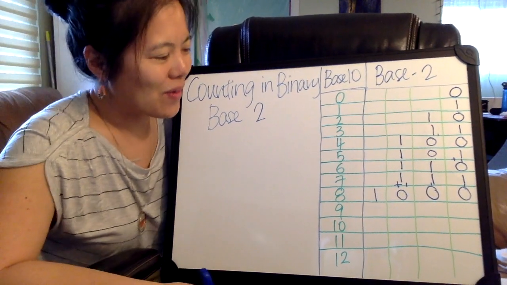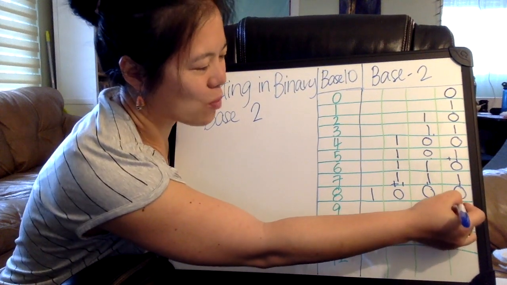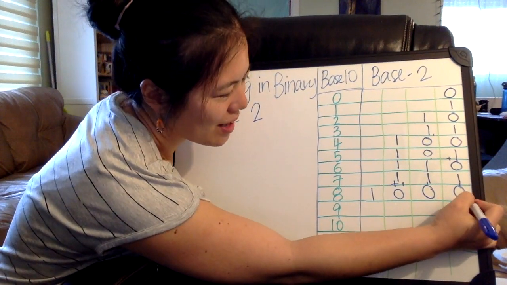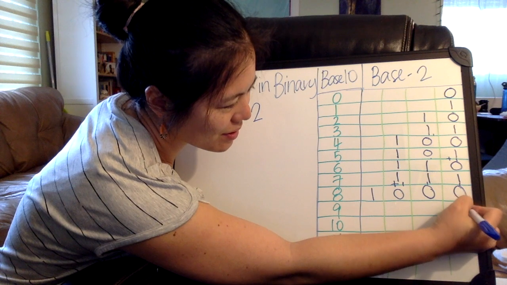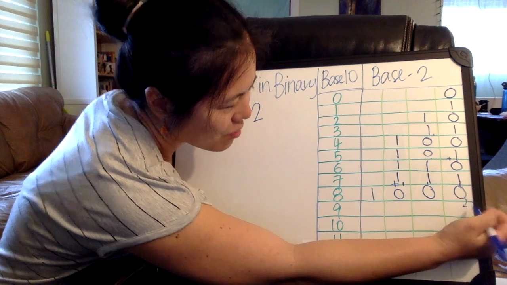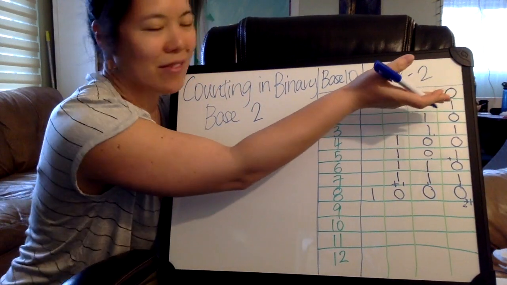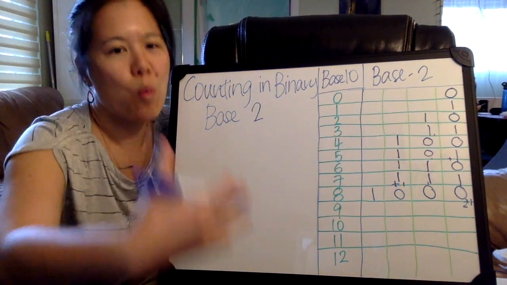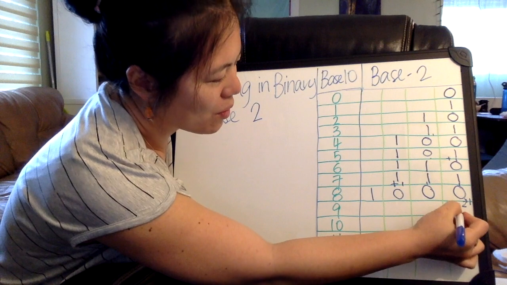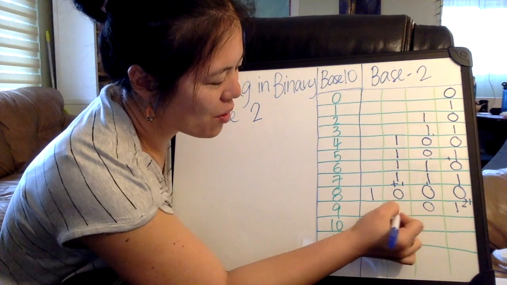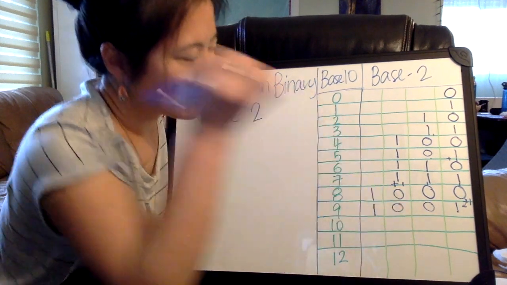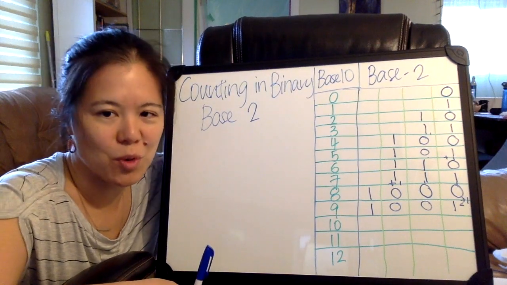And then you add 1 again. I kind of run out of space, but every time you are moving down one row, that means you're adding 1, right? So 1, 0, 0, 1.